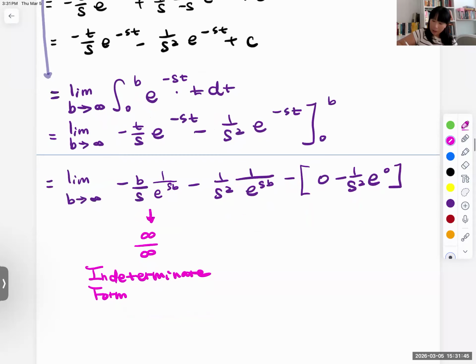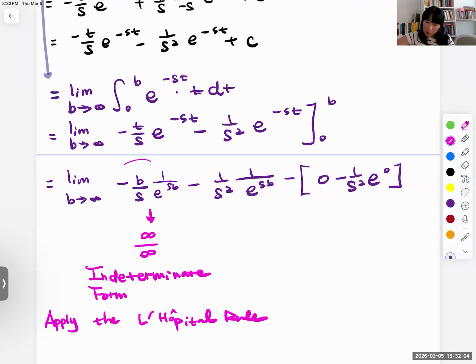So apply the L'Hopital rule, not L hospital. Now, how about the second term? As b approaches infinity, we have 1 over positive infinity, which is 0.